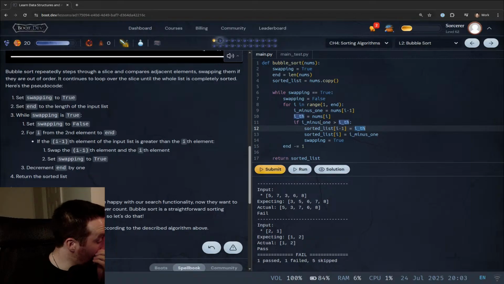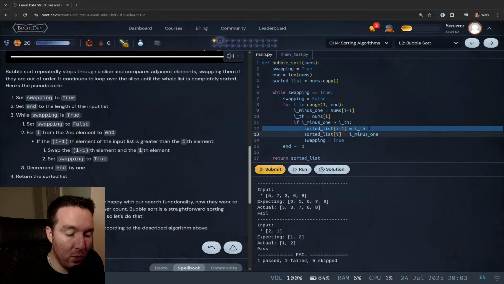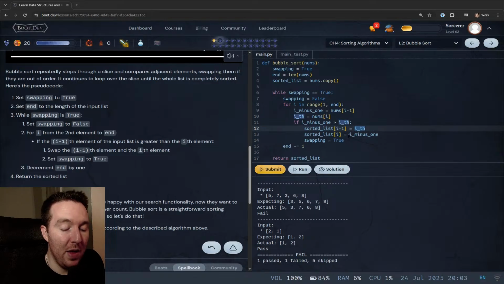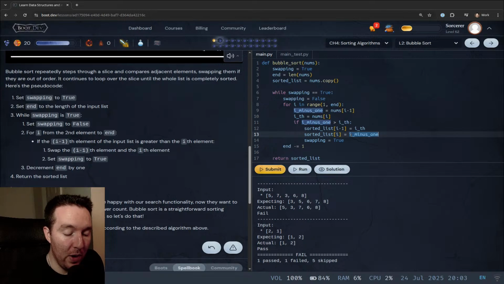So i minus 1 is greater than that. Right, so yeah, so then i minus 1 is 3. That's right, yeah, because it swaps it. And then the regular number i is 7, that's set swapping to true. Then it comes back round, it's still true, so then it goes down again.